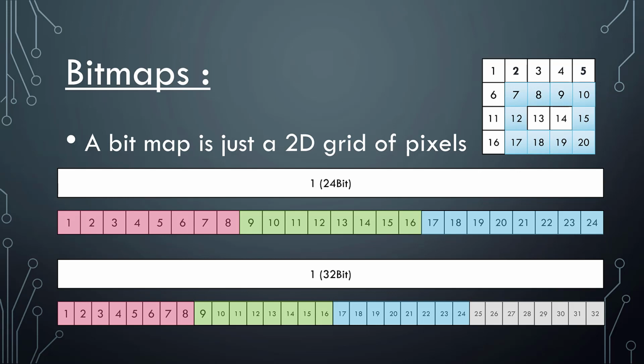So sometimes it could be red, green, and blue. And in the 32-bit case, there's an alpha channel, which is another color channel that usually represents transparency, but sometimes it's just padding, so it's just ignored.